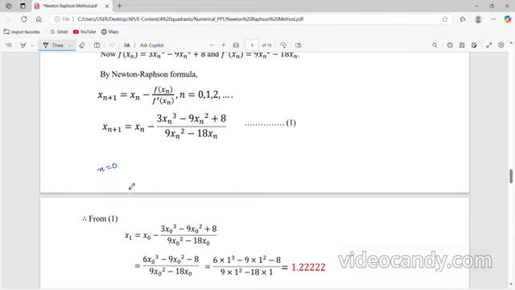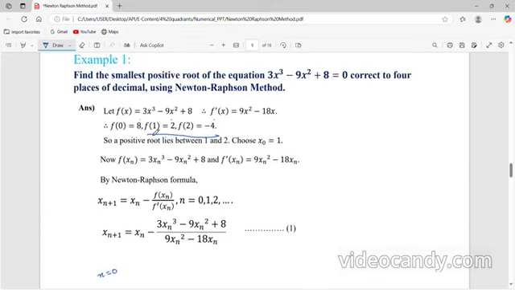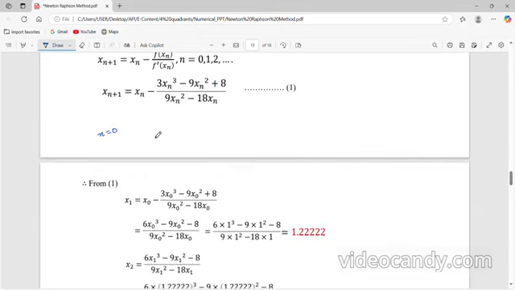That means x1 equals x0 minus (3x0 cube minus 9x0 square plus 8) divided by (9x0 square minus 18x0). Put the value of x0; the first x0 value will be 1. Putting the value, you will get 1.22222.